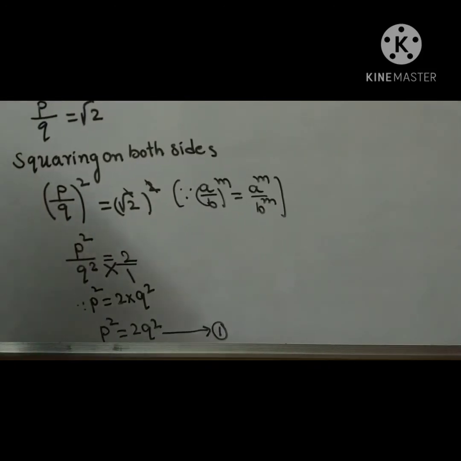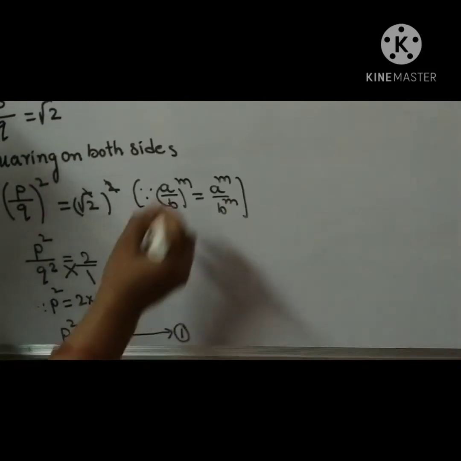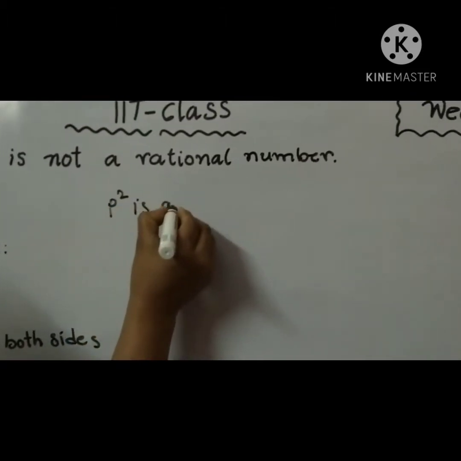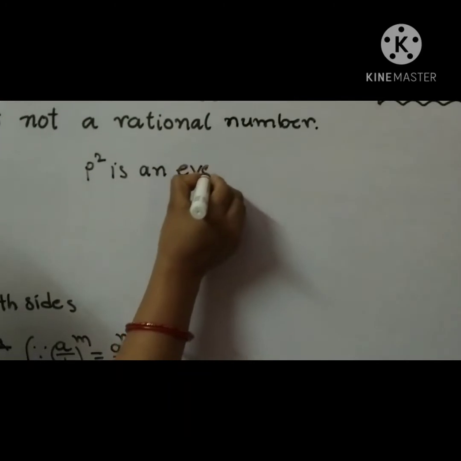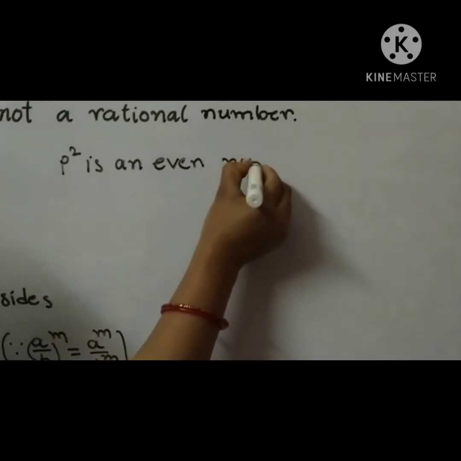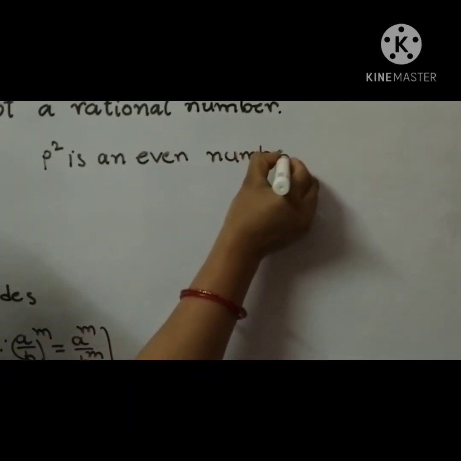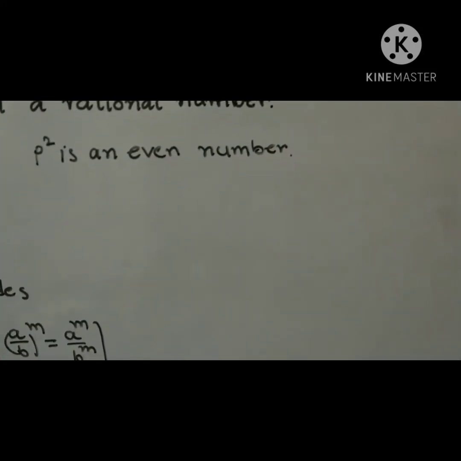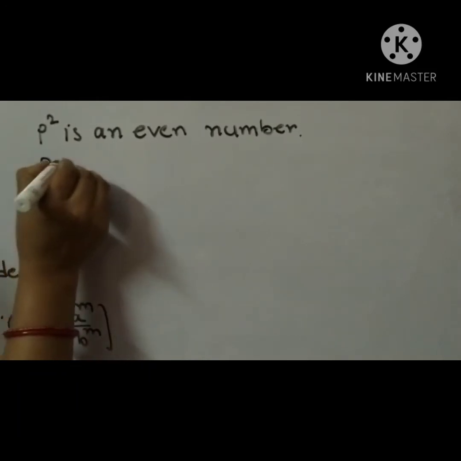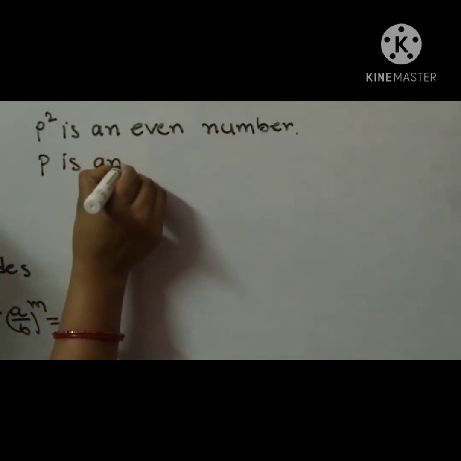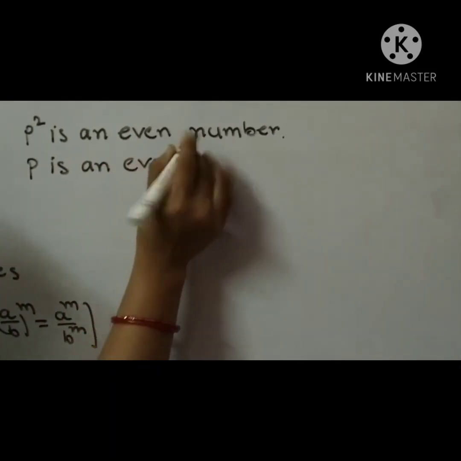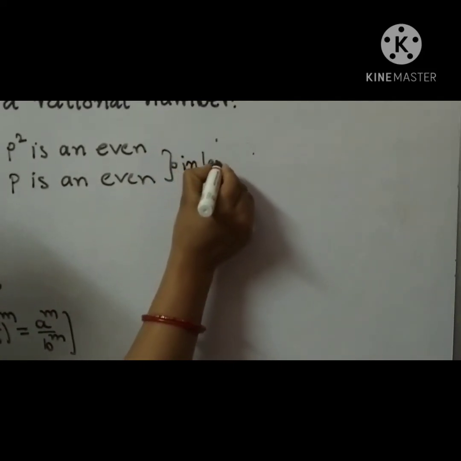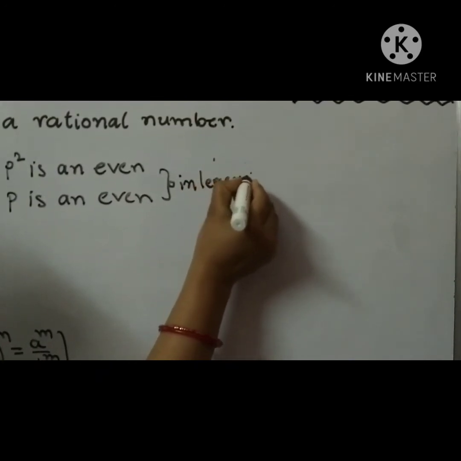Next, in this, p square is an even number, and p is an even integer.